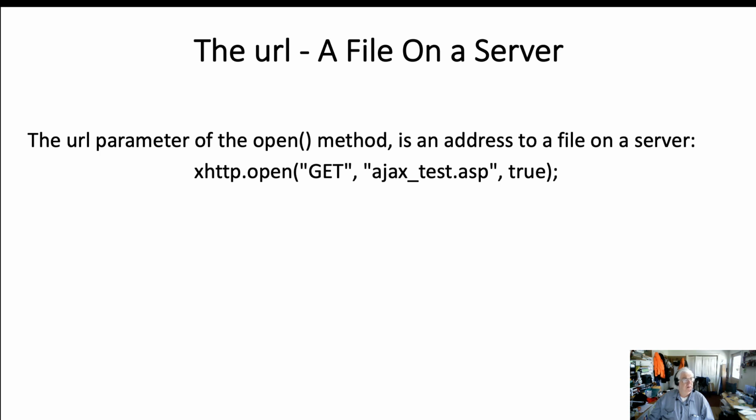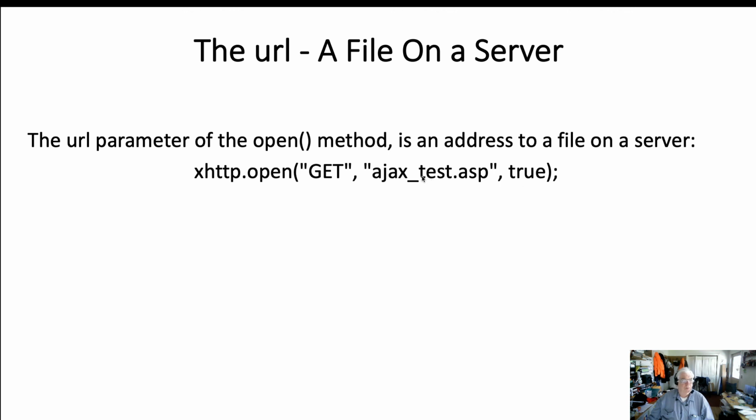A URL, the URL is a file on a server. The URL parameter of the open method is the address that you're going to go get the program that you're going to run on the server. But notice that you can't say, and so maybe they were right, you can't say google.com/Ajax test.